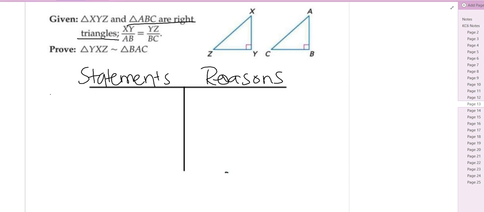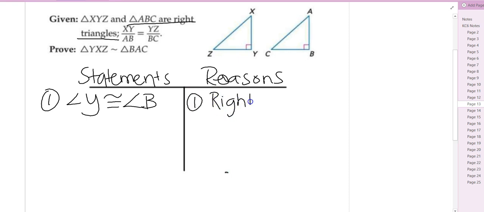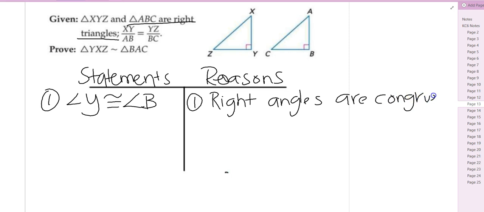So I'm just going to say my first statement is that angle Y is congruent to angle B because right angles are congruent. And why are they congruent? Well, because right angles are always 90 degrees, right? Just to kind of keep that in mind. So that's angle Y and angle B.